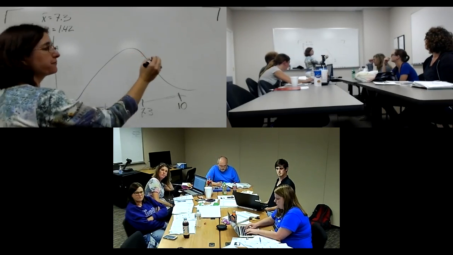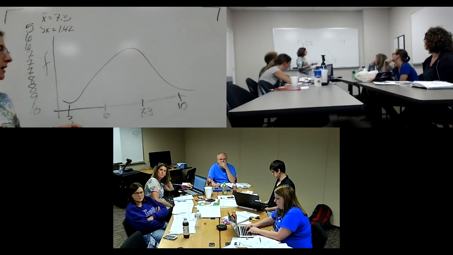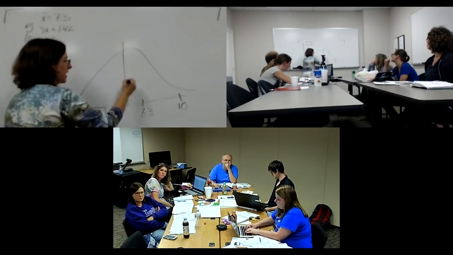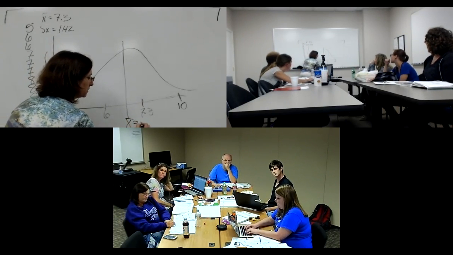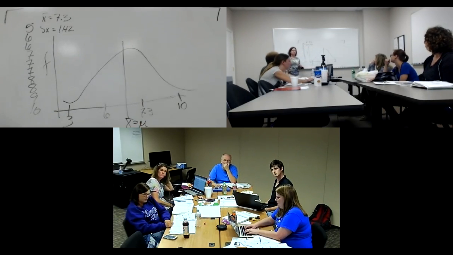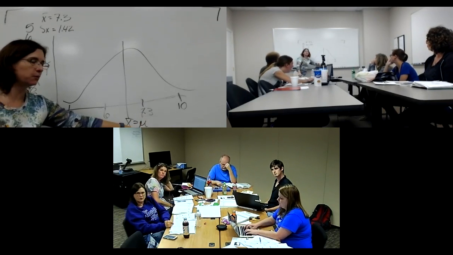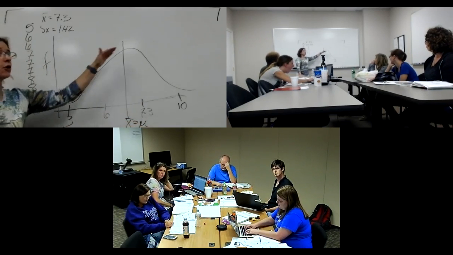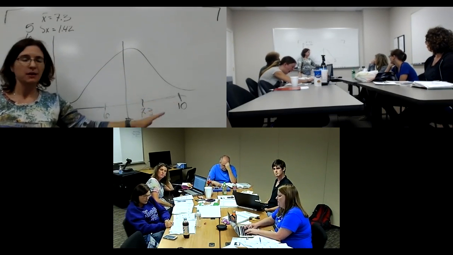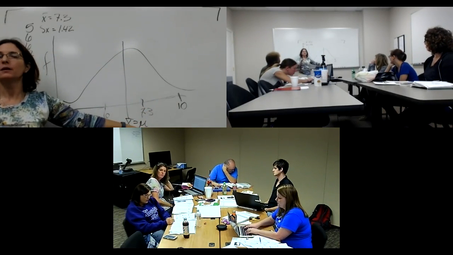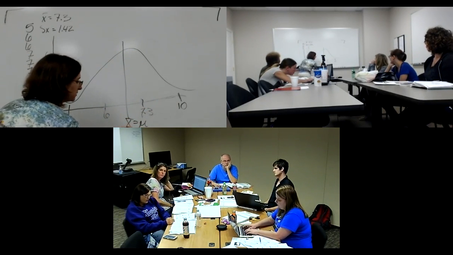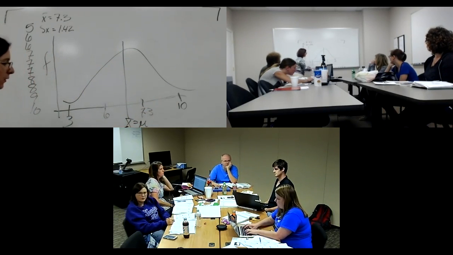What we're going to infer to the population is whatever mean we have here is going to equal that. So our sample mean, we're going to infer, because it's a normal distribution, is going to equal that in the population.